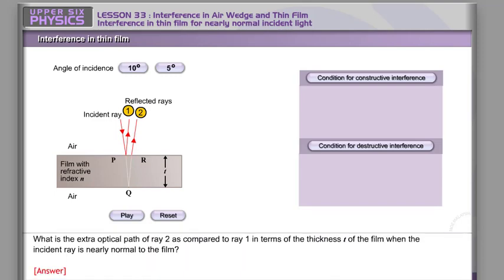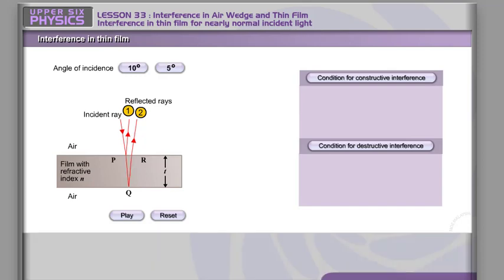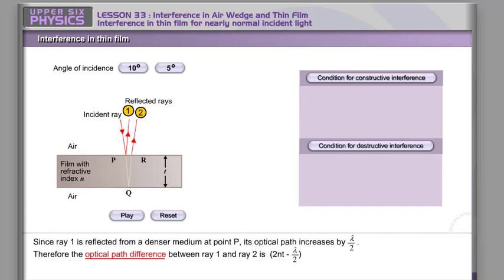What is the extra optical path of ray 2 as compared to ray 1 in terms of the thickness t of the film when the incident ray is nearly normal to the film? Answer: the extra optical path is almost equal to 2nt. Since ray 1 is reflected from a denser medium at point P, its optical path increases by lambda over 2.